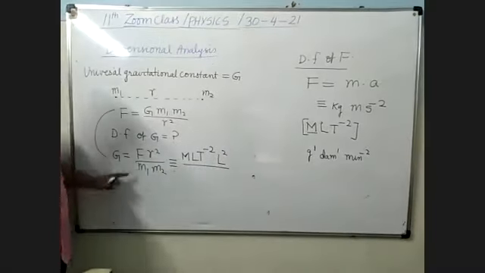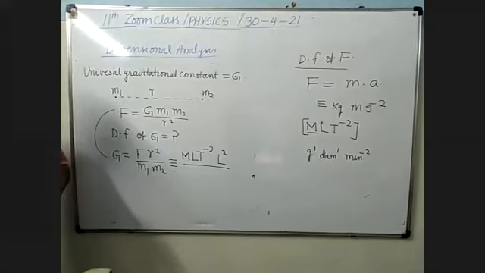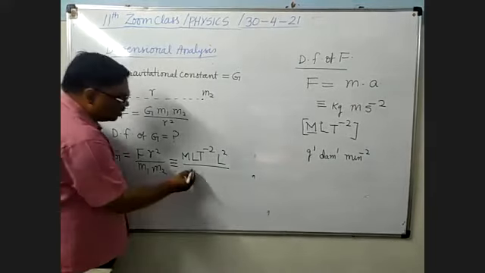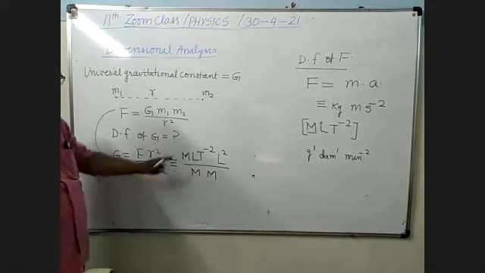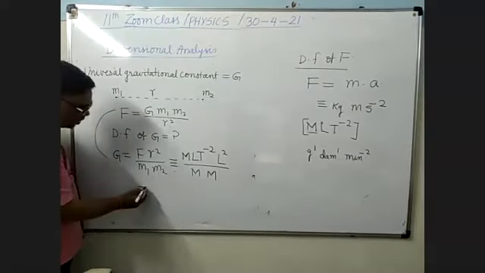Divided by M1 and M2, which are mass, with the symbol M. M into M, M square. Is it clear? When you simplify, what will you get?